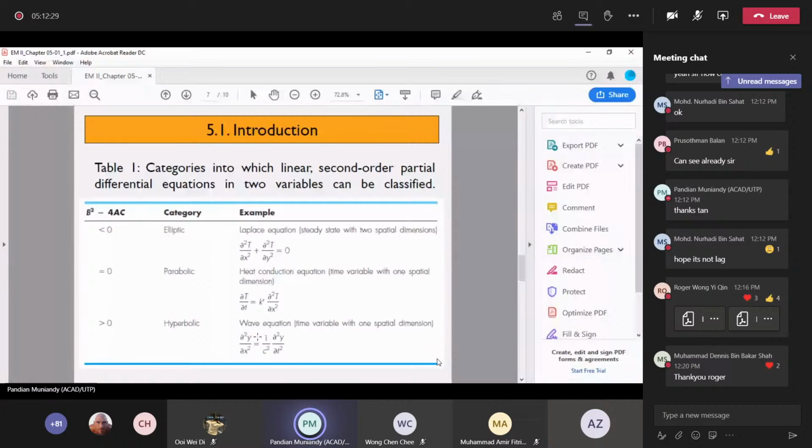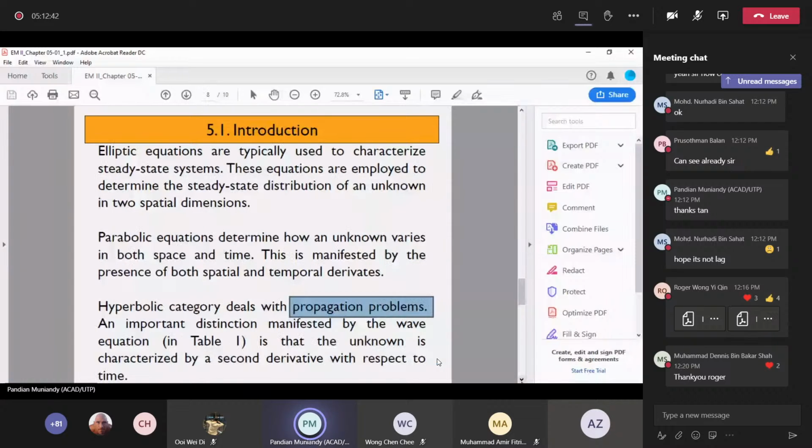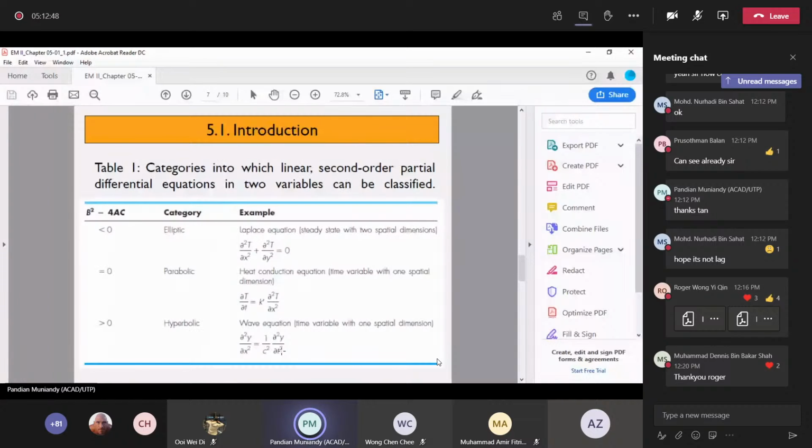So del squared y over del x squared equals 1 over c squared del squared y over del t squared. So the unknown is characterized by a second derivative with respect to time. So y depends on x as well as on time, with respect to time.